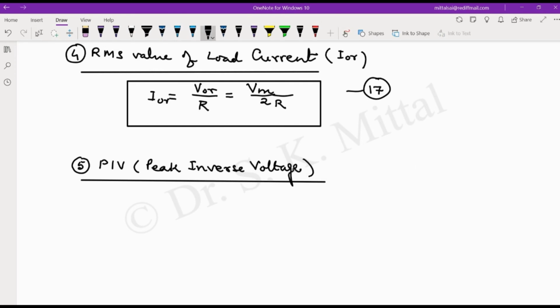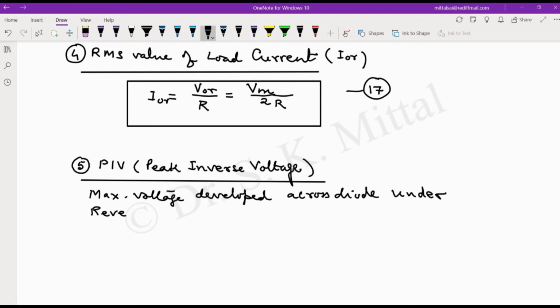Peak inverse voltage means the maximum voltage developed across a diode under reverse bias condition.